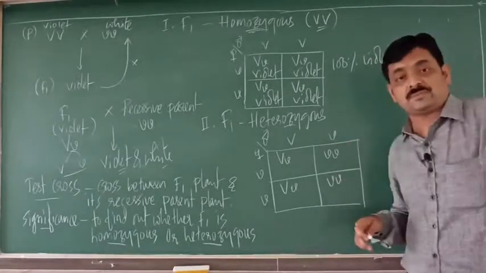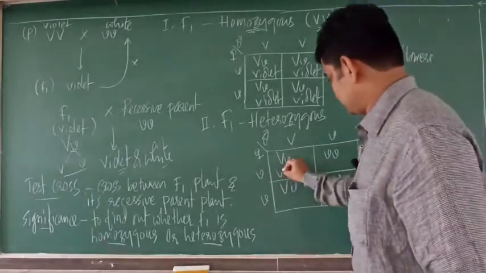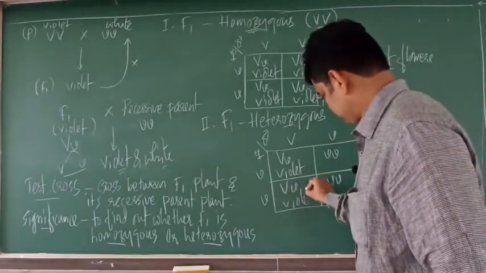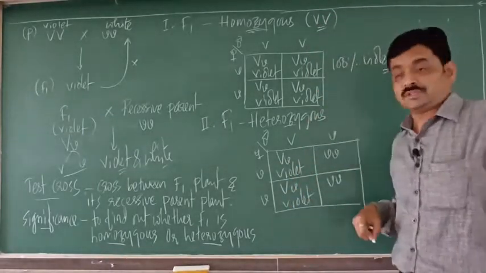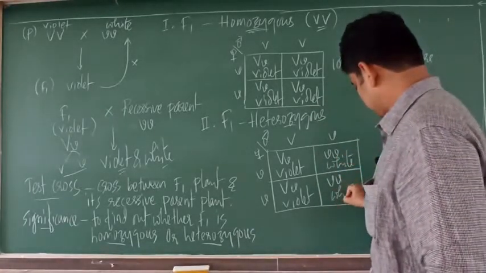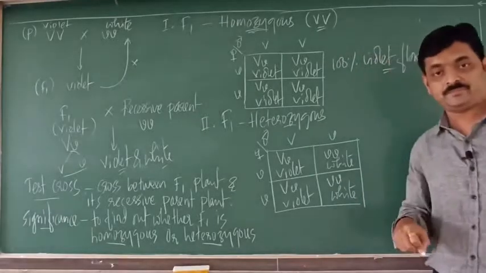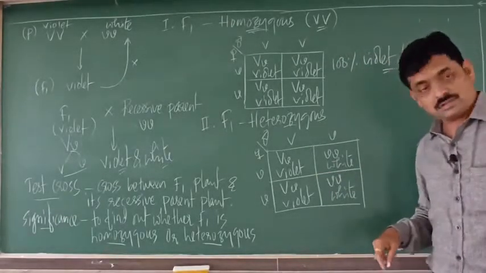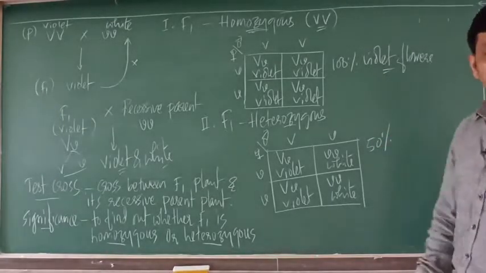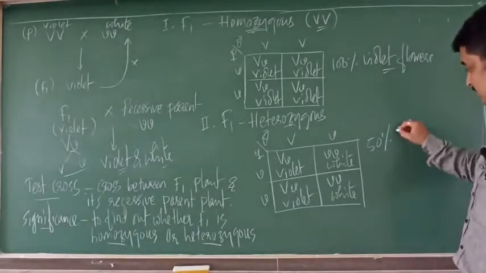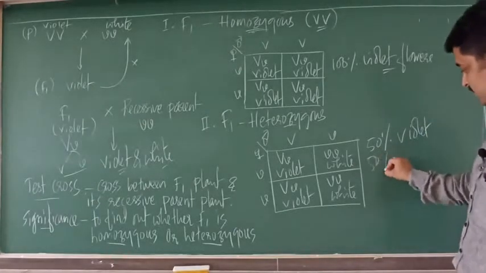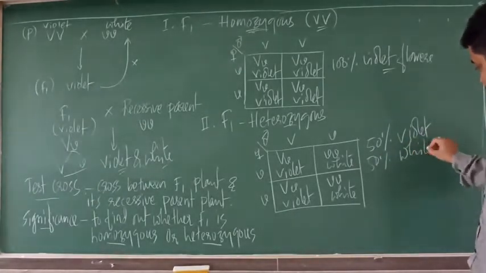Now what should be the phenotypes here? In this case, this is violet, this is also violet. Here it is white, here it is white. That means 50% plants produce violet flowers and 50% plants produce white flowers.